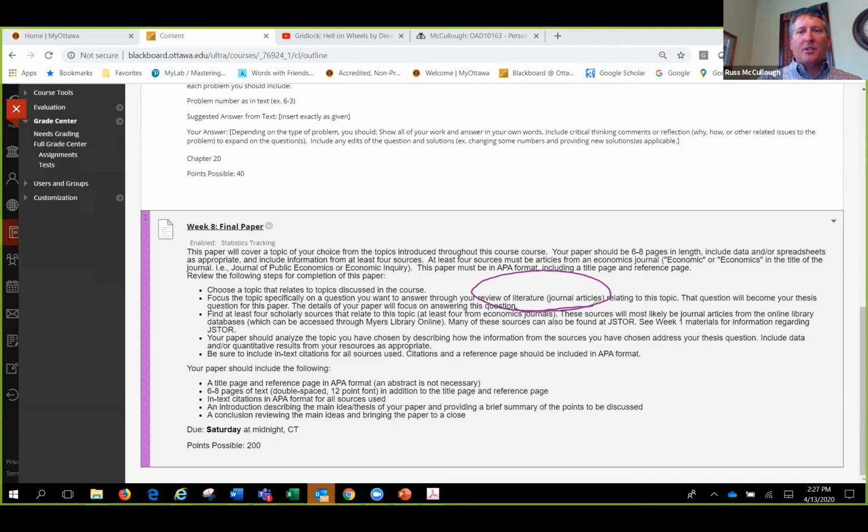At the back of each chapter in the textbook, the author is pretty good about putting in references. Let me hold up my book. This is chapter 16 that we just got out of, on land use.